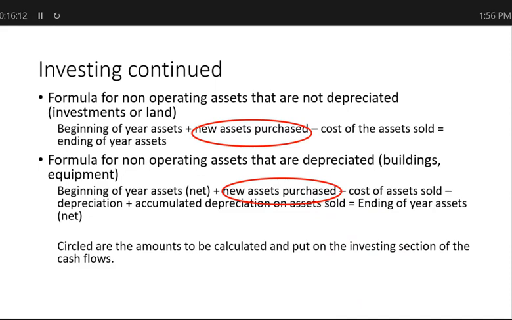So for the cash received, that's usually pretty straightforward. You usually can go back and see exactly how much cash you received from the sale of assets. But sometimes, calculating how much was purchased, if we are not told directly, can be a little tricky because you have to use these formulas.